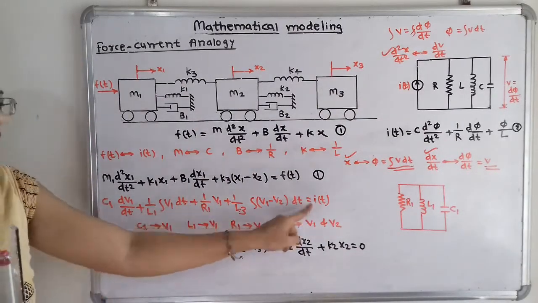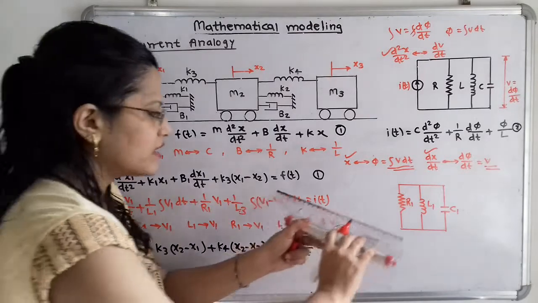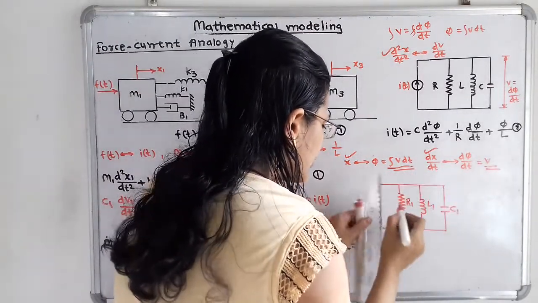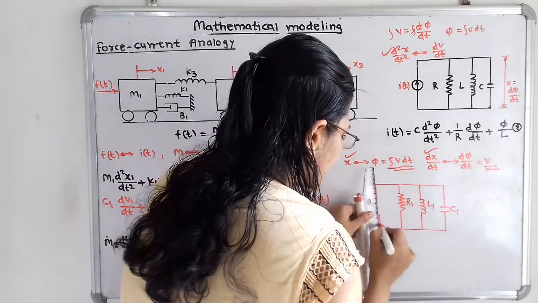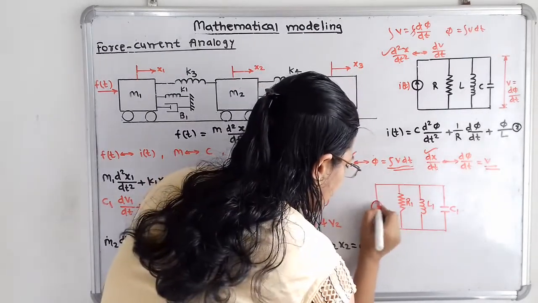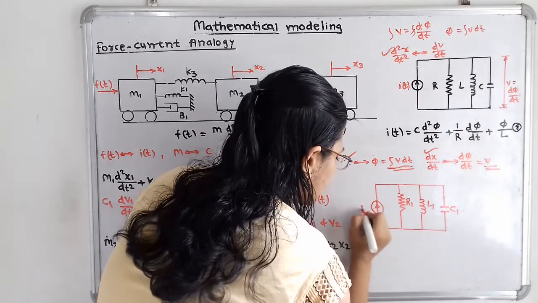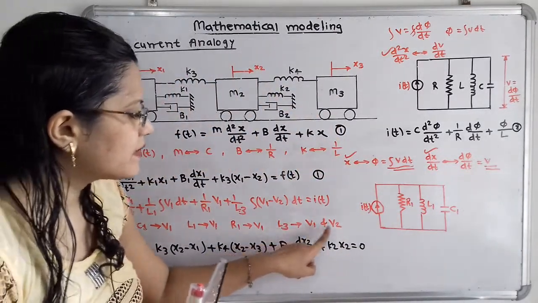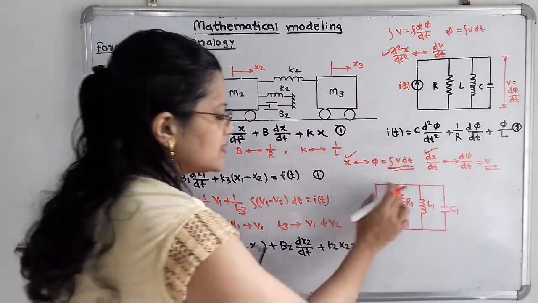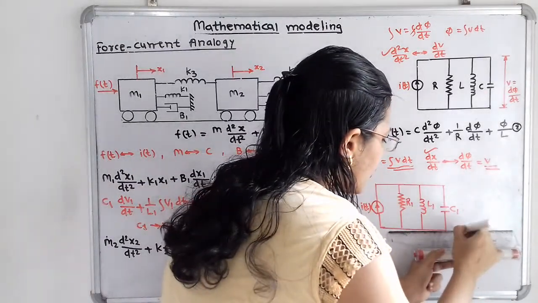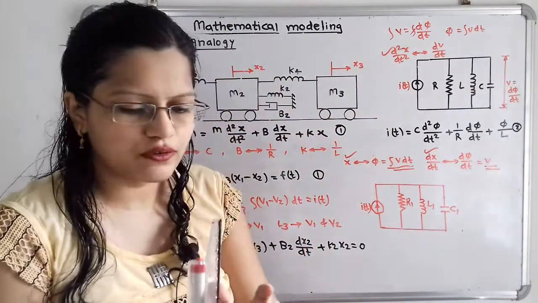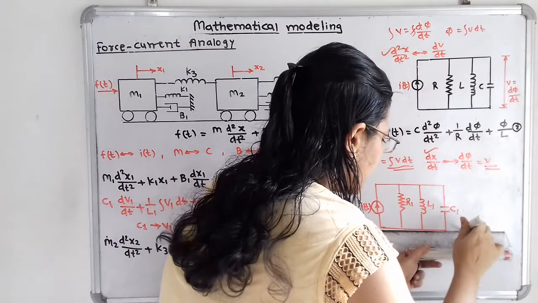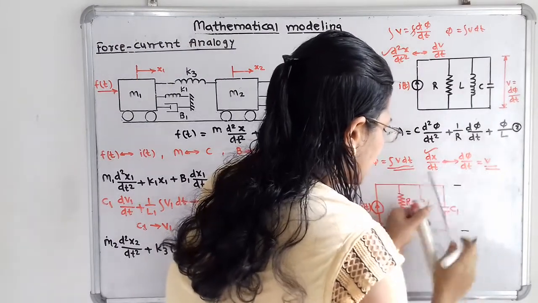Now input is I of t, so we have to give input also. Initially we have to write here as an input I of t. Then L3 is in between V1 and V2. So across these three elements I will show here voltage V1 is there. So I will use here a different color marker. That is, across these three elements voltage V1 is there.